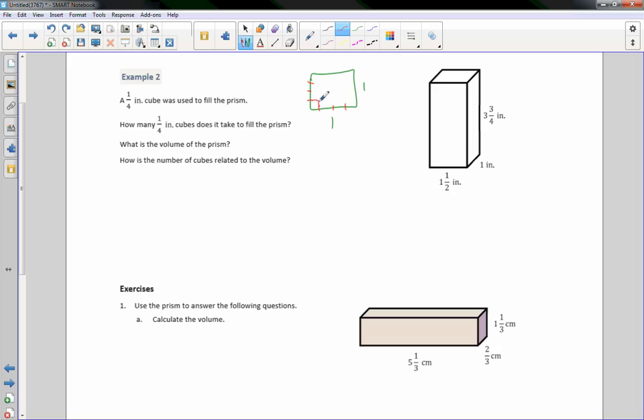So we are going to have 1, 2, 3, 4, 5, 6, 7, 8, 9, 10, 11, 12, 13, 14, 15, 16 cubes.